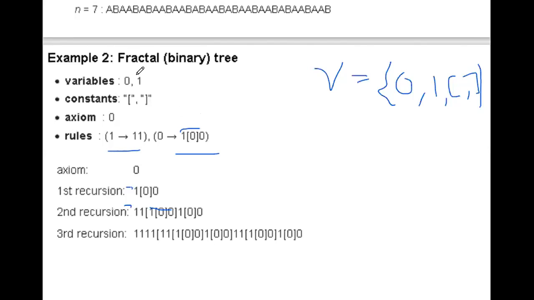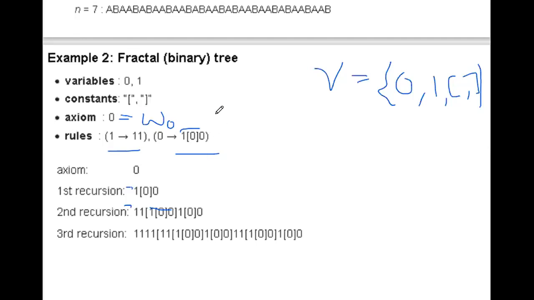So this is your axiom, the initial word. Using this initial word, I can generate other rewrites by applying these rules.